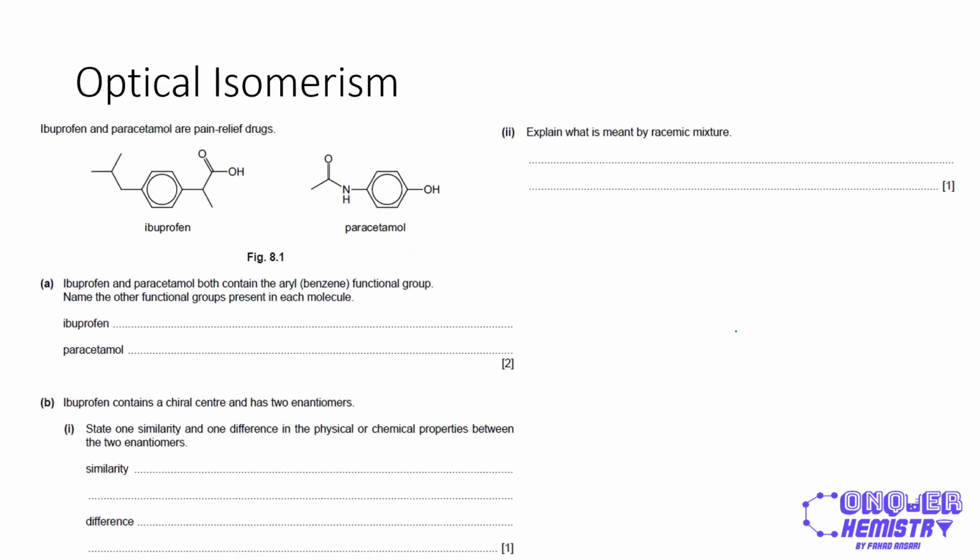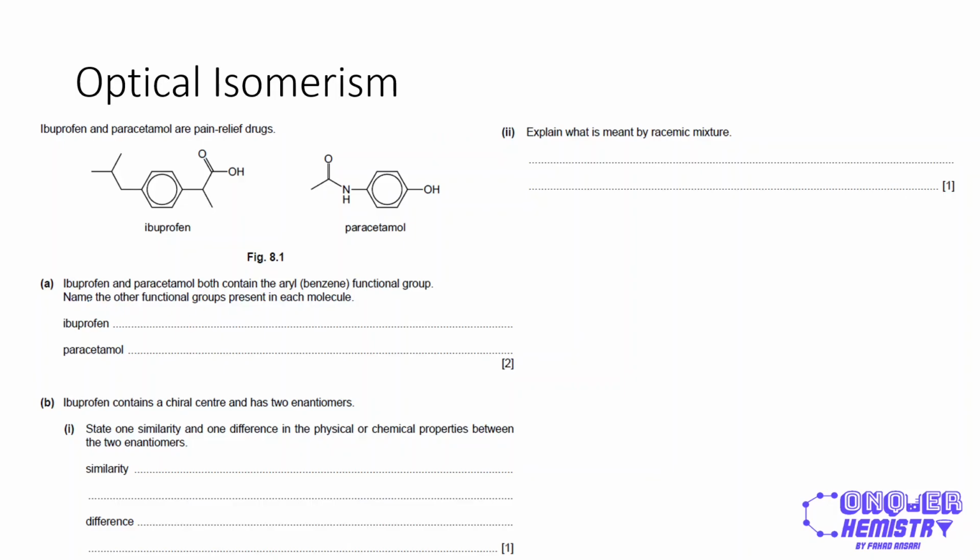All right, so final topic is optical isomerism. There's a little bit of a theoretical aspect of optical isomerism that you have to look at in A2. You already know that optical isomers basically arise from a chiral center, right? So now over here we have two drugs, ibuprofen and paracetamol, very popular drugs for pain relief.